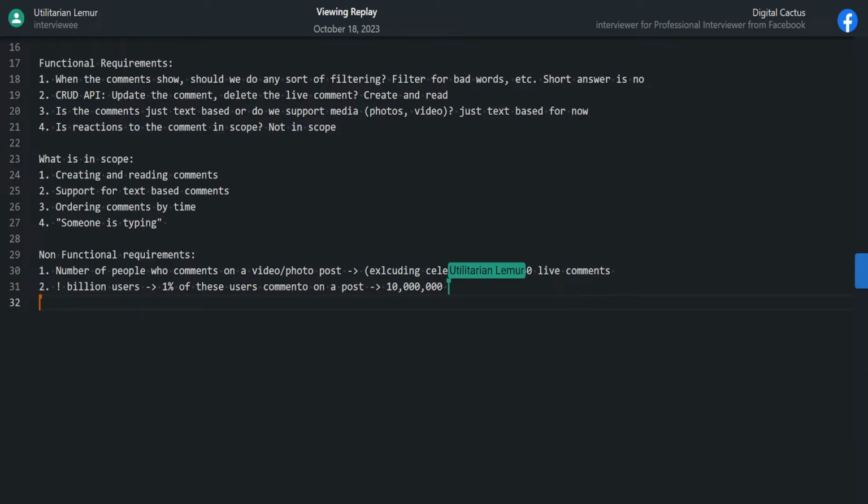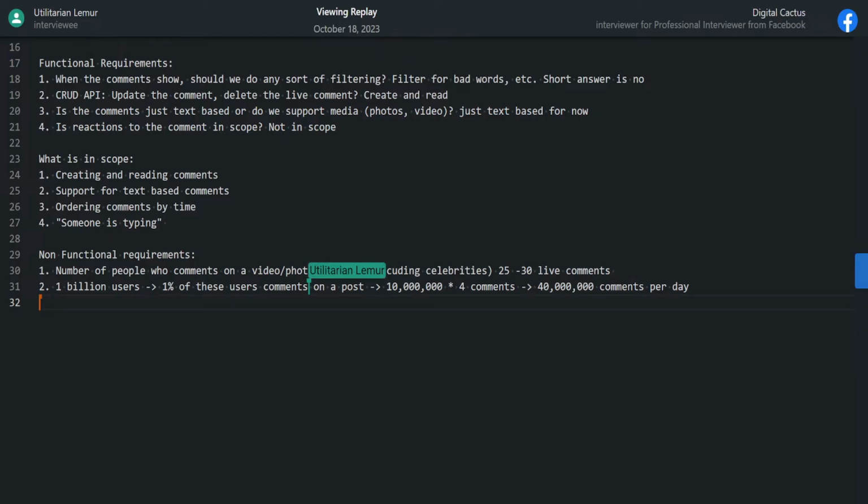And if that is the case, then you have 10 million people commenting on average twice or thrice, or I would say 4 comments per person. You're looking at 40 million comments per day.